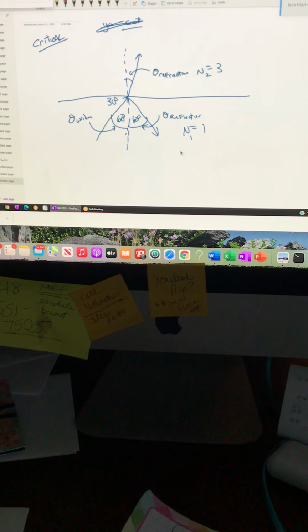All right, my little Snelly fans. 1 times sine of 60 equals 3 times sine of theta. Sine of 60, last I checked, is root 3 on 2. And then we're going to divide it by 3.